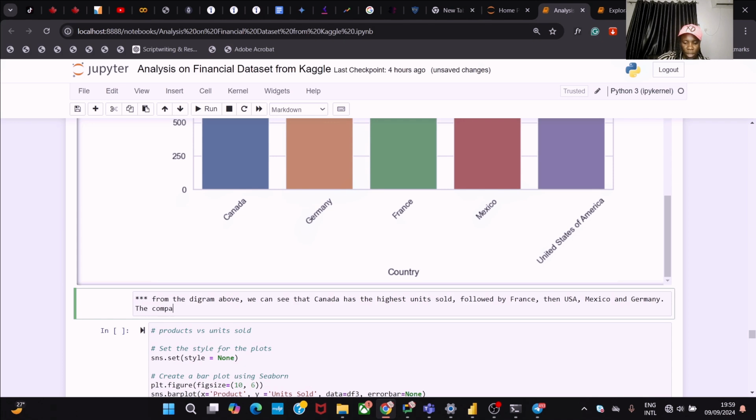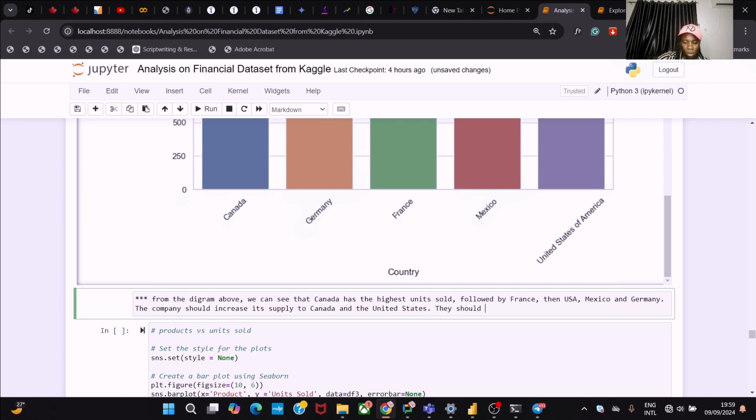The company should increase its supply to Canada and the United States.